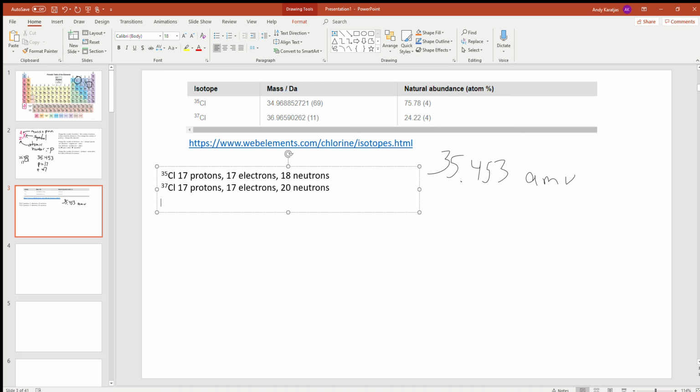So if we go up to our table up there and we take 75.78% of chlorine 35, and we add to that 24.22% times chlorine 37, we multiply that out and we get the mass that we find on the periodic table.